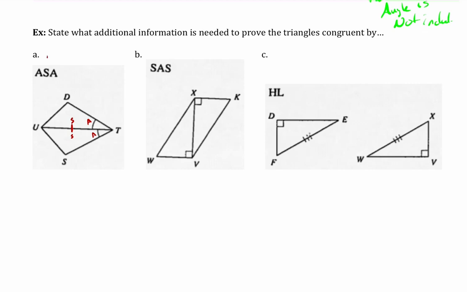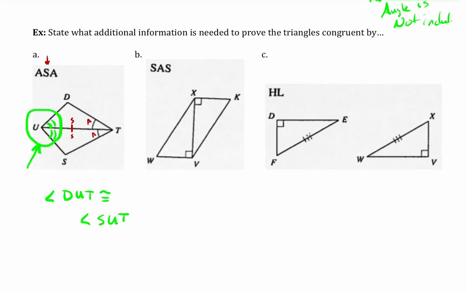The side has to be between the two angles, meaning that this angle, angle DUT, would have to be congruent to this angle here, which would be angle SUT. That is the missing information right there.